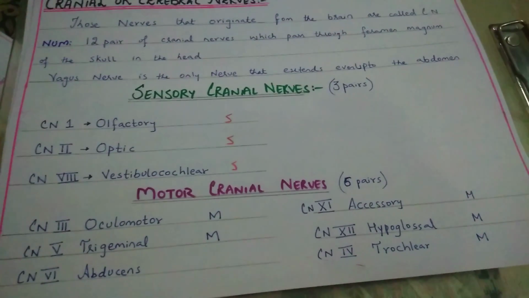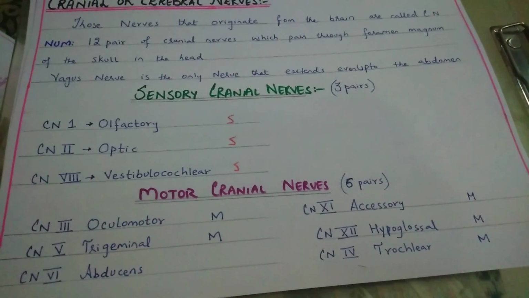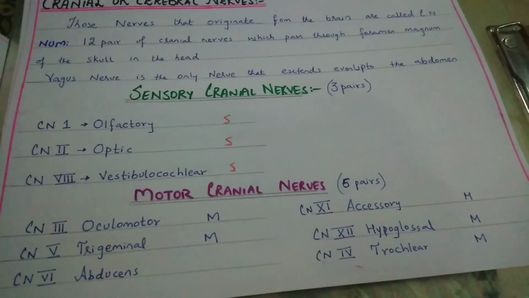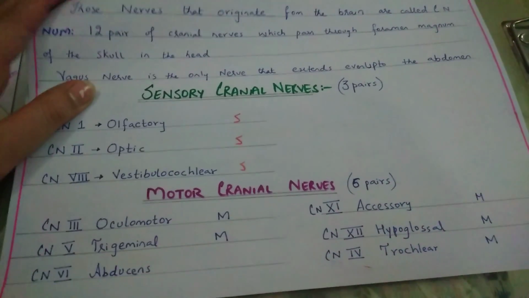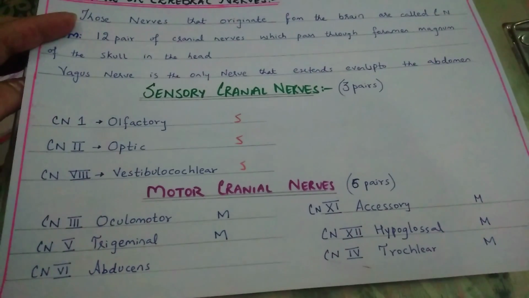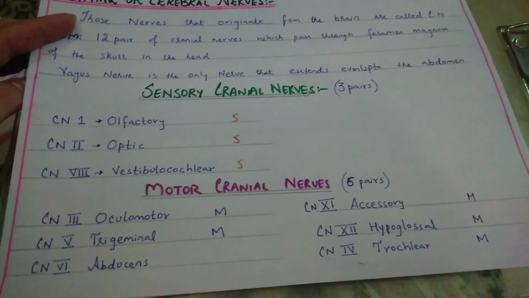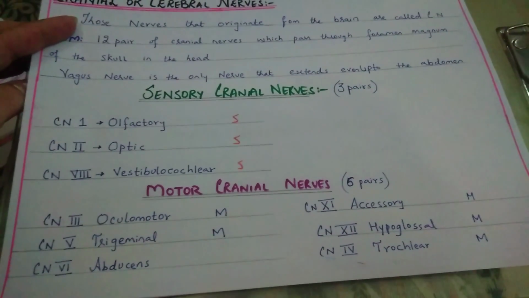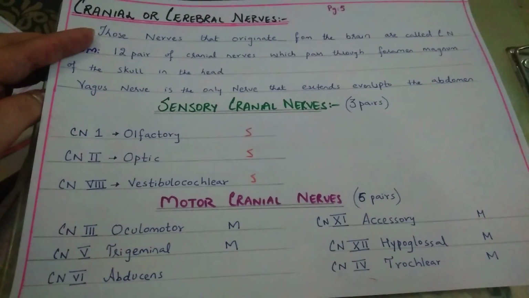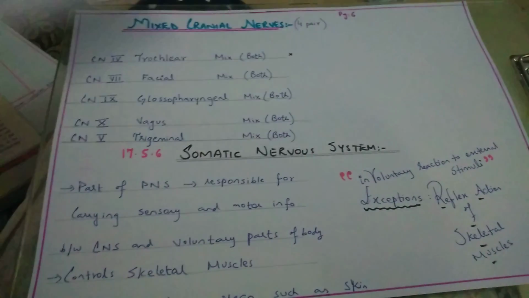We have included the trochlea in case of motor cranial nerves, right? So in case of motor cranial nerves we have oculomotor, trigeminal, abducent, accessory, hypoglossal and trochlear, ठीक है.